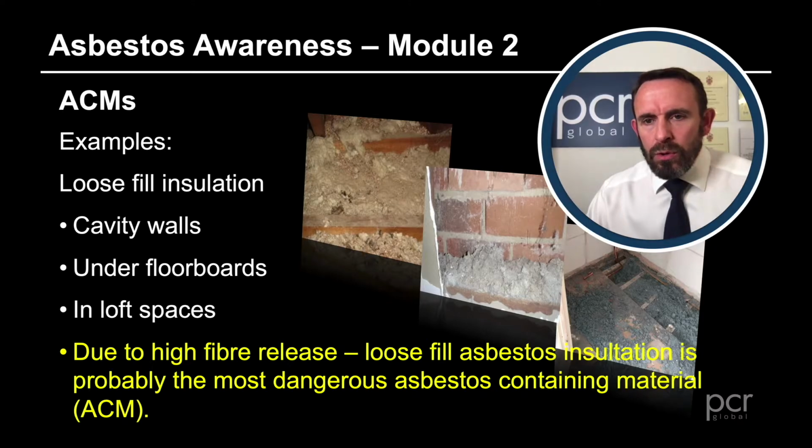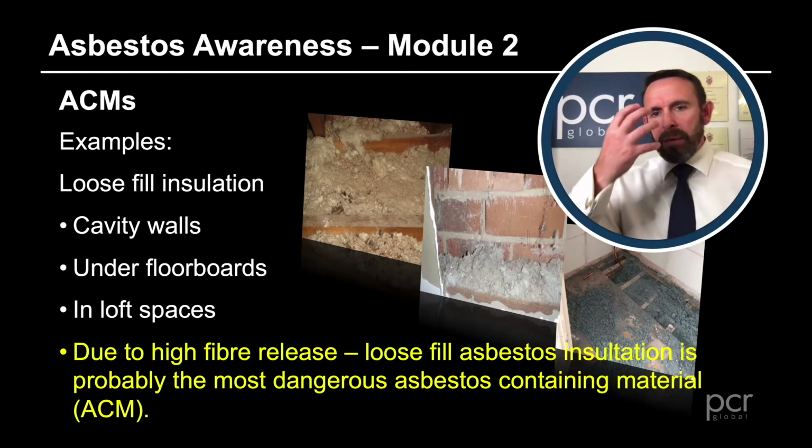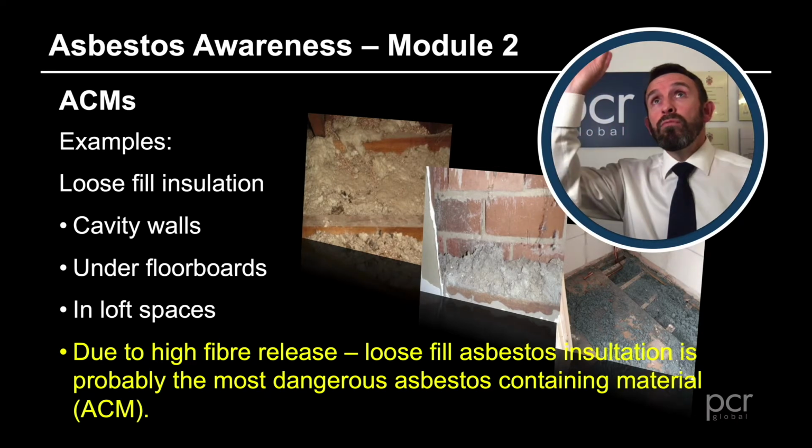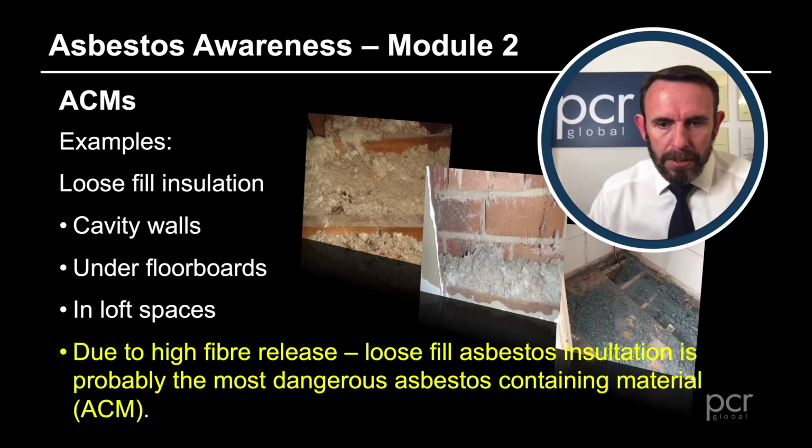Looking back to Module 1, when we talked about asbestos being respirable, you can imagine those fibres being released into the air and being breathed deeply down into your lungs, especially if you're removing boards from above your head.